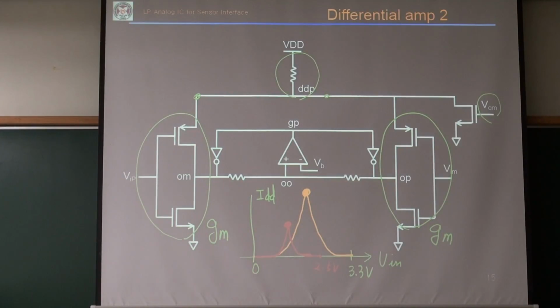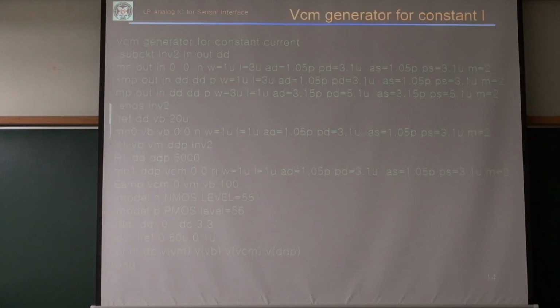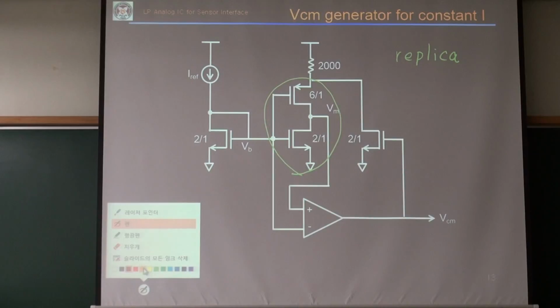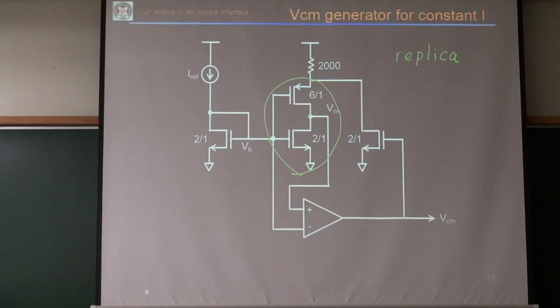So I want to set my GM by this circuit. Yeah, I want to determine this current level. This current level is the current level at the logic threshold of inverter. Yeah? So then if I flow this IREP current and then 2x1 MOS transistors, then this current should be same as IREP.